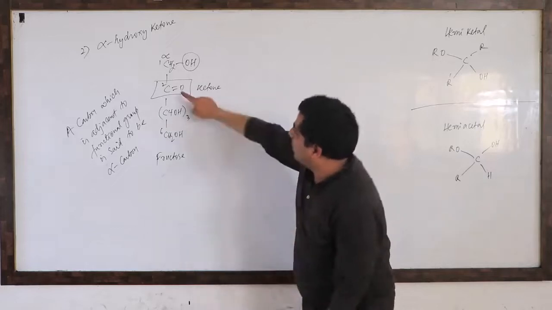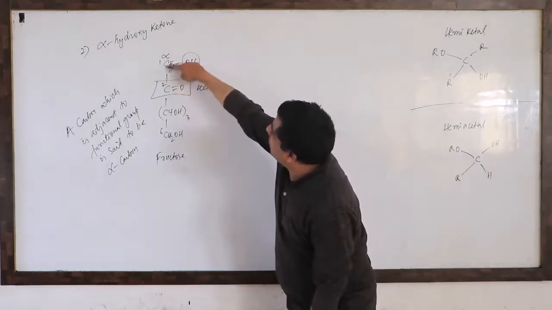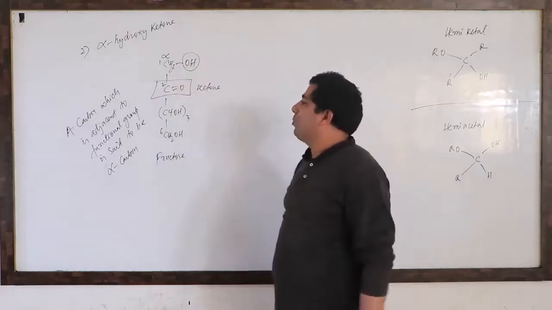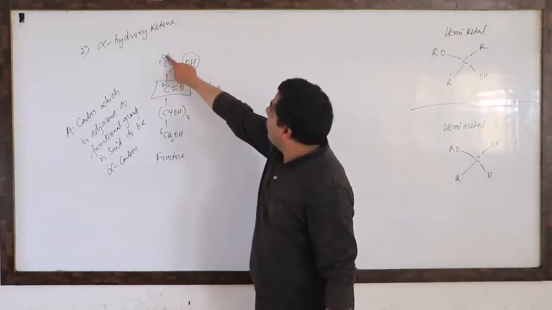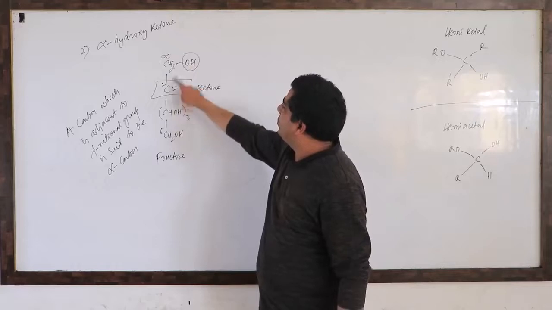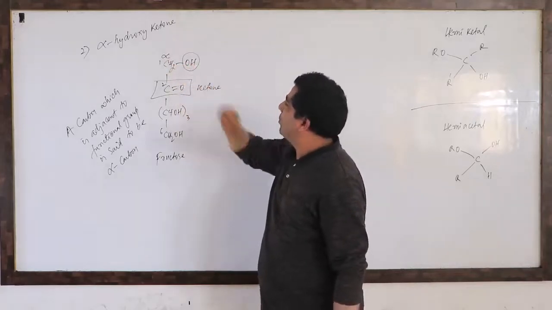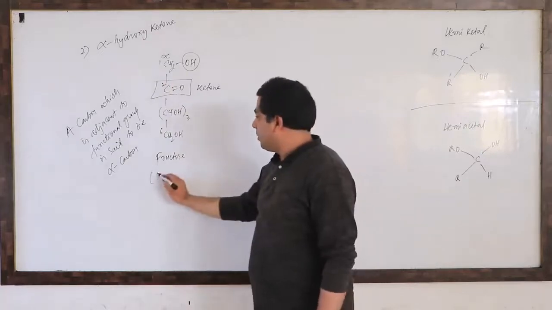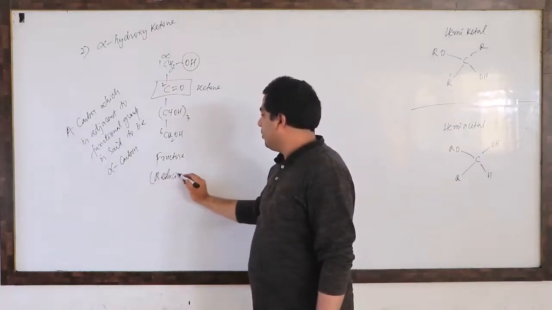Look here once again: this is the functional group, this is the carbon adjacent to it, so this is the alpha carbon. On the alpha carbon we have an OH group, so I will call it alpha hydroxy, and this is a ketone, so alpha hydroxy ketone. So the alpha hydroxy ketonic group is here, so this will also be a reducing sugar.